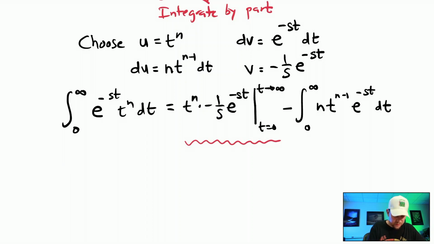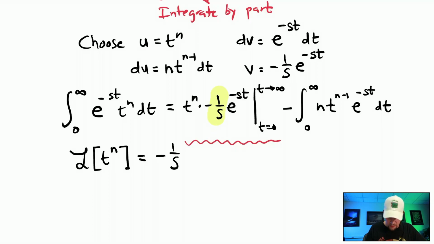the Laplace transform of t to the n. And on this side, since we have the minus 1 over s here, I can't forget that term, so I have minus 1 over s.